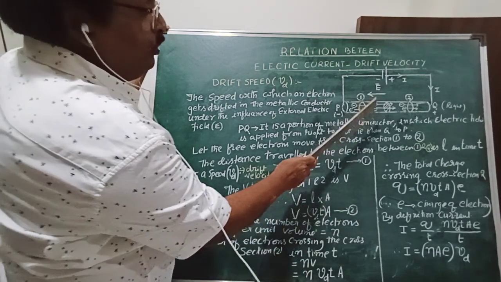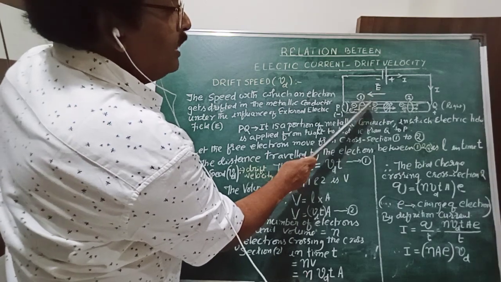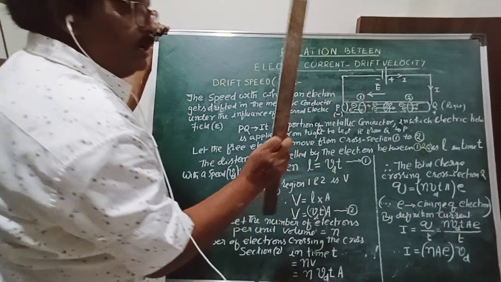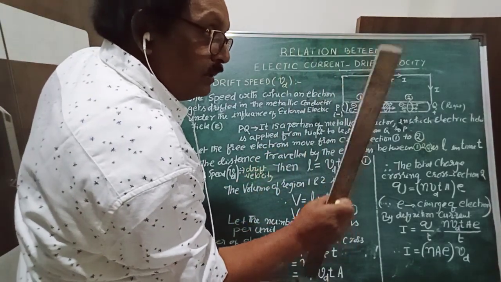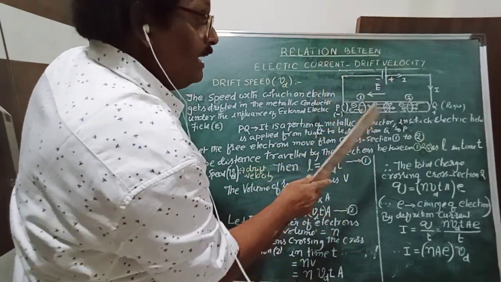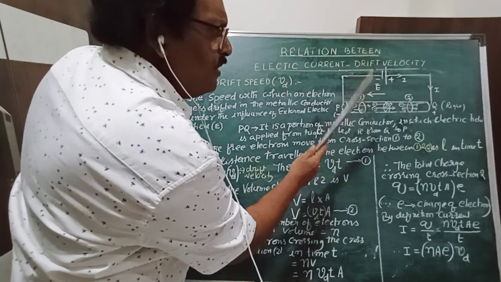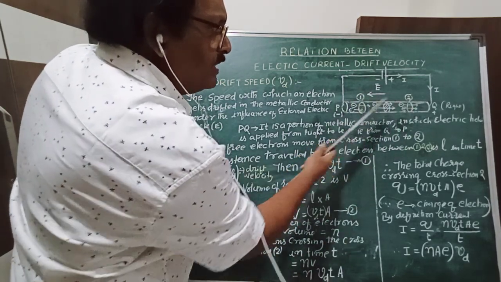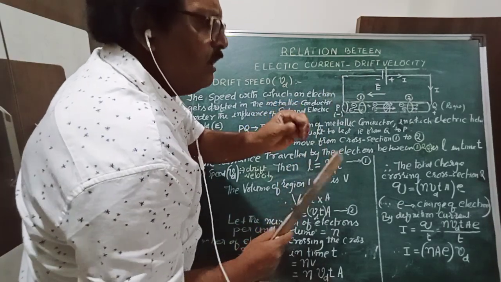Now, I have to consider how many electrons are present in every unit volume of the conductor. See children, always remember, the number of electrons contained per unit volume. Every unit volume of this conductor contains a number of electrons.